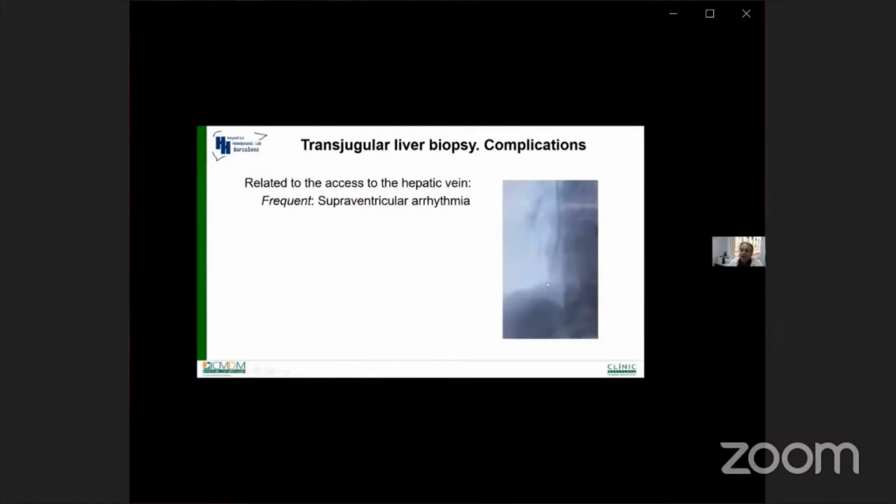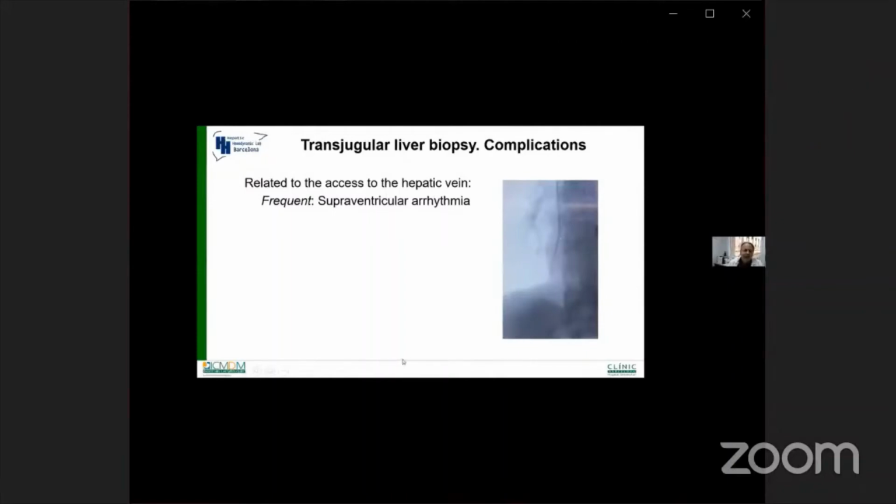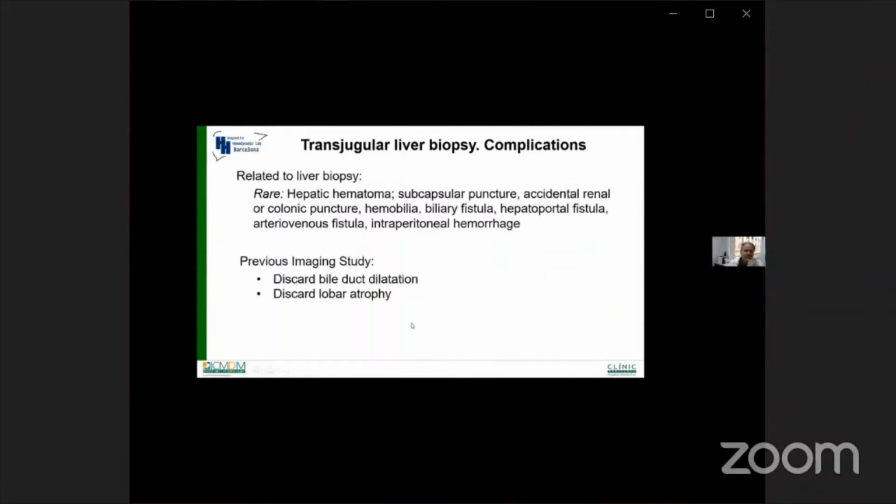And also we need to be very careful because there are some very anecdotic cases. I have never seen this in our institution, of lesions because the needle in the jugular vein can cause damage here. Then you need to go with the needle once your catheter, with or without your guide, is already inside the hepatic vein.